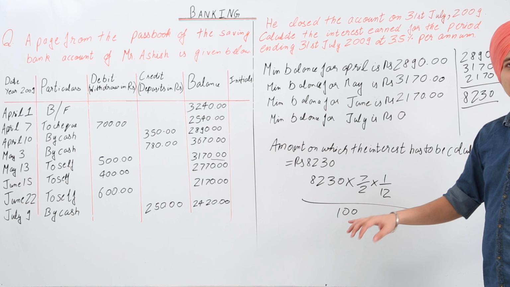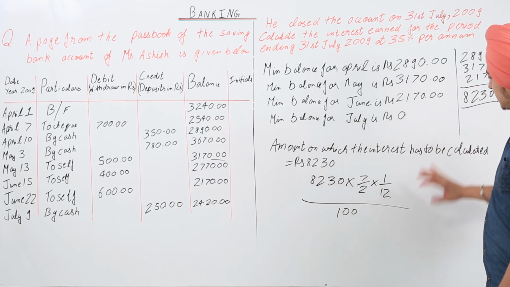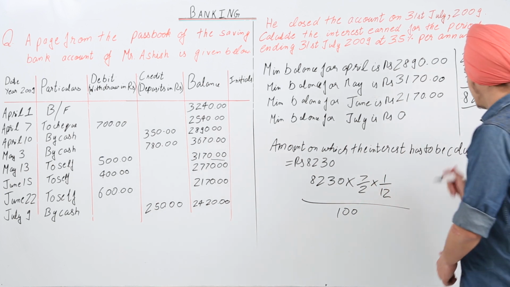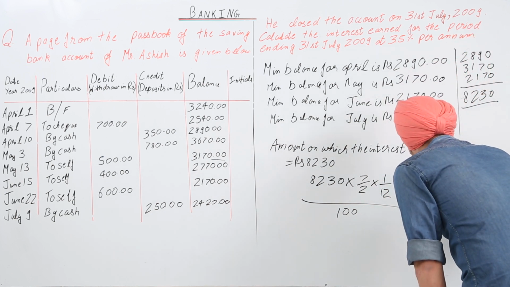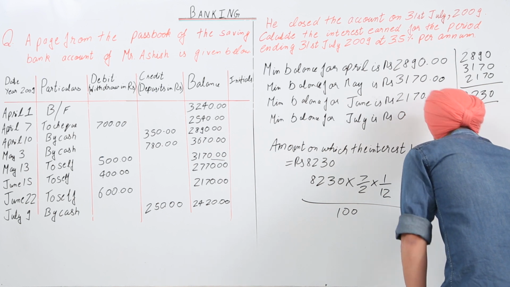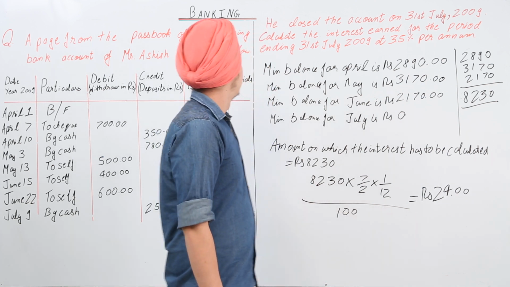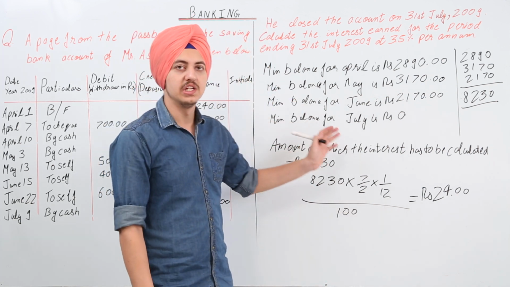So this is the formula we had, principal into rate into time upon 100. So this is the formula, and after calculating you will get this equal to rupees 24.00. So 24 rupees of interest is earned by Mr. Ashish in all these 4 months.